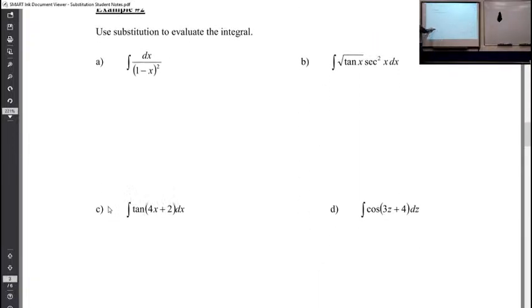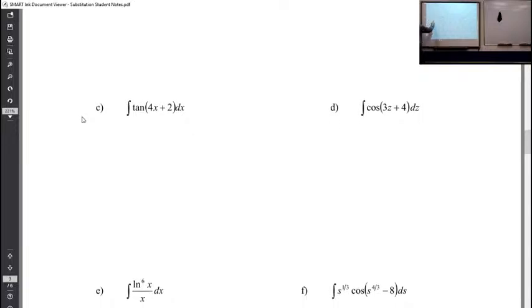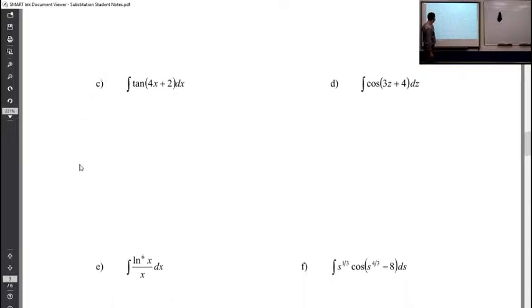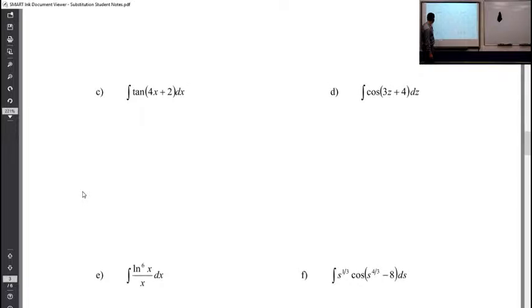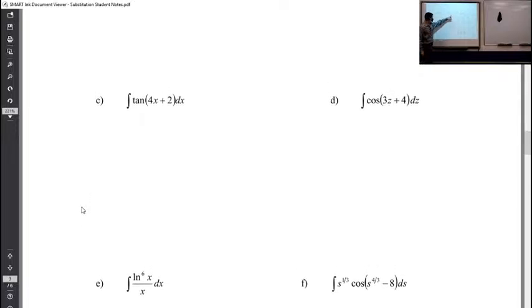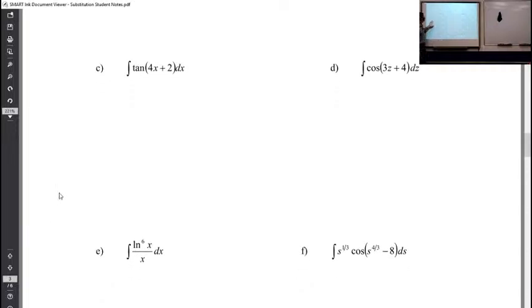Let's do some more problems where we have to figure out what u is. Let's start over here with part D. Once again, part C is harder and we'll come back to it.